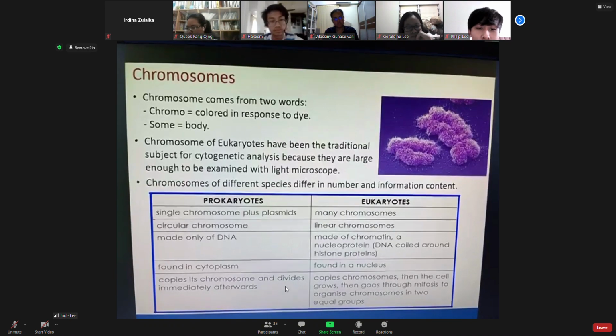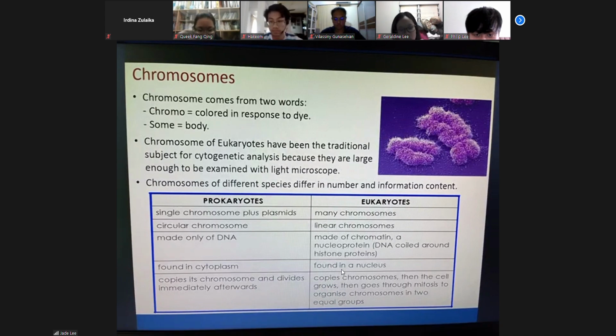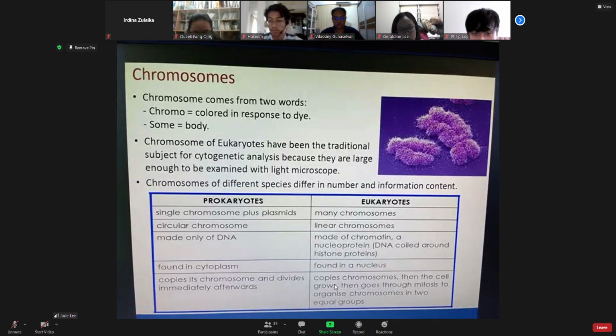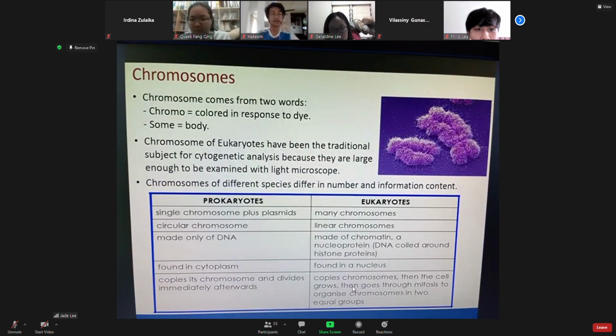But eukaryotes have many chromosomes, usually linear and made of chromatin, a nucleoprotein where the DNA coils around histone protein. Later we'll discuss that. They are found in the nucleus. Then the cell copies its chromosomes, grows, and goes through mitosis to organize the chromosomes into equal groups.